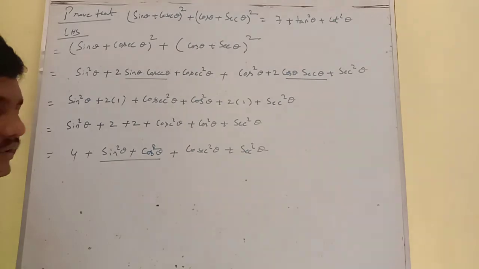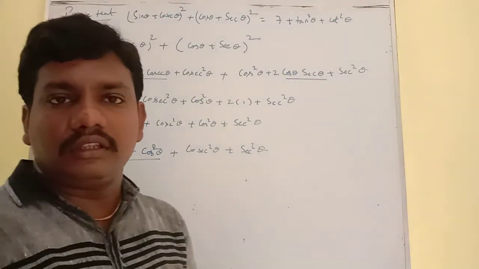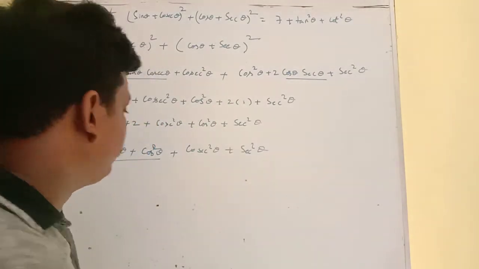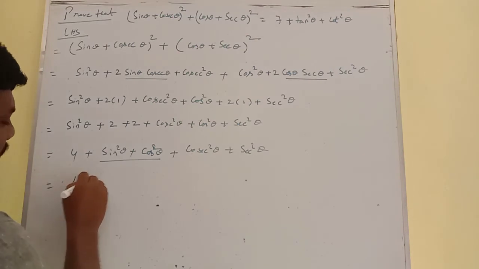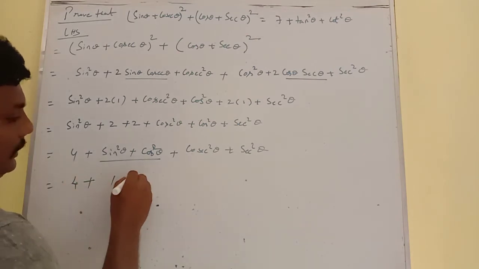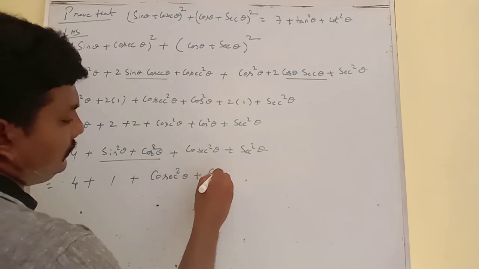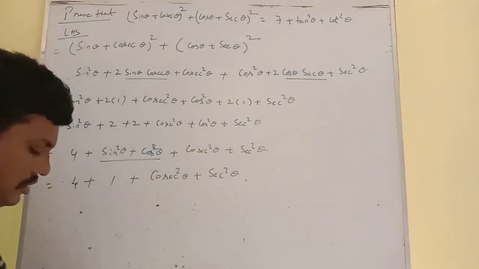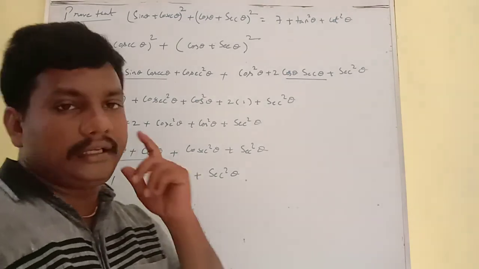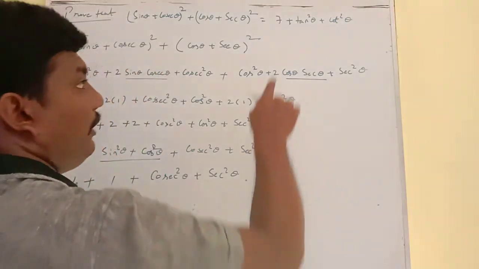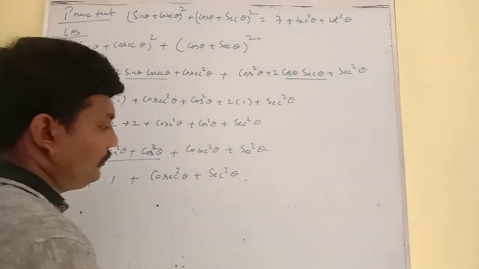Now what about sin square theta plus cos square theta? Sin square theta plus cos square theta is 1. That is the first trigonometric identity. That is 4 plus 1 plus cosecant square theta plus secant square theta. But we require tan square and cot square.